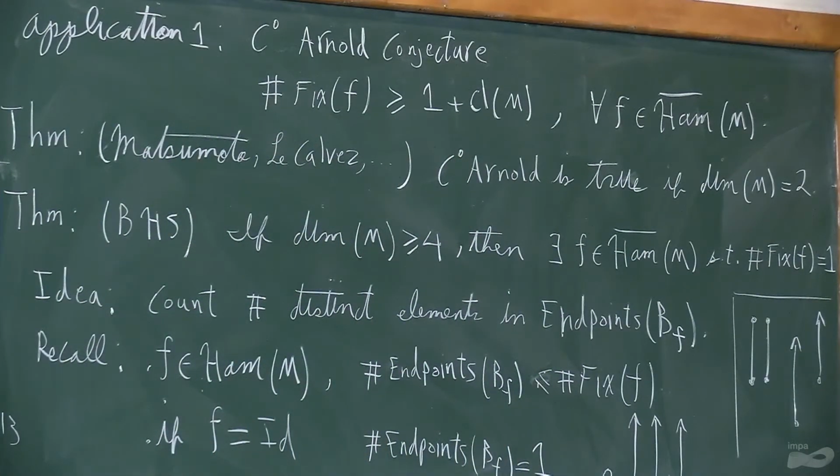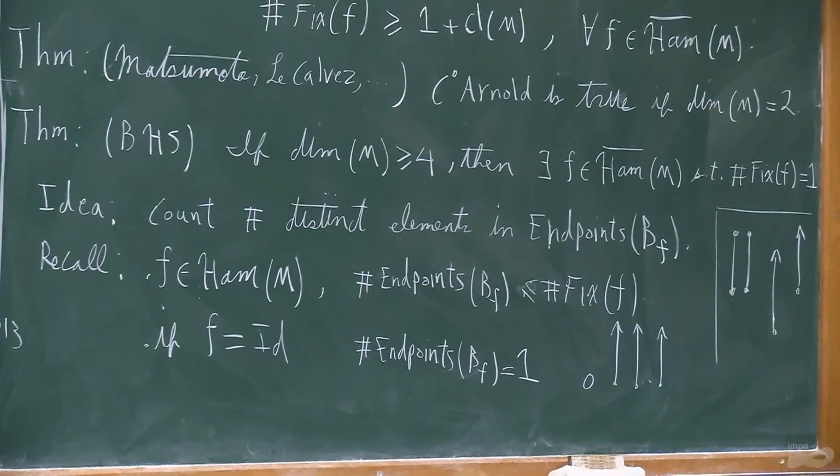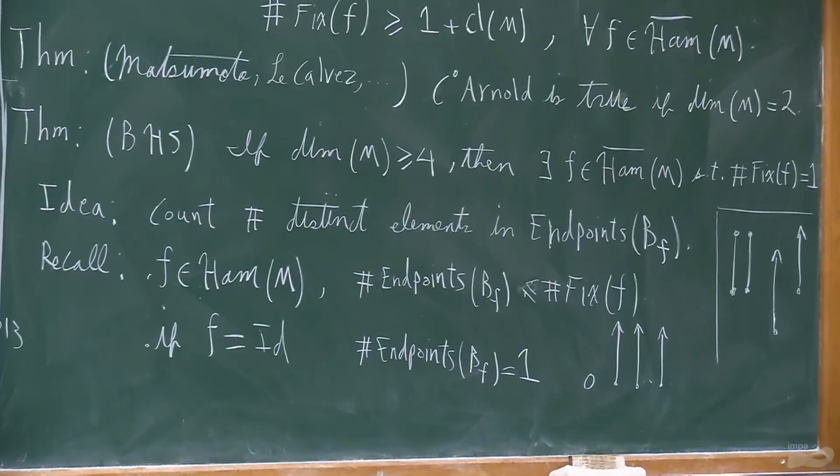So here's the theorem. Again, with Bohovsky and Humilier. What we showed is that, take a Hamiltonian homeomorphism, and let's count the number of endpoints in the barcode of F. I mean, the barcode is only defined up to shift, but this number of endpoints is independent of shift.